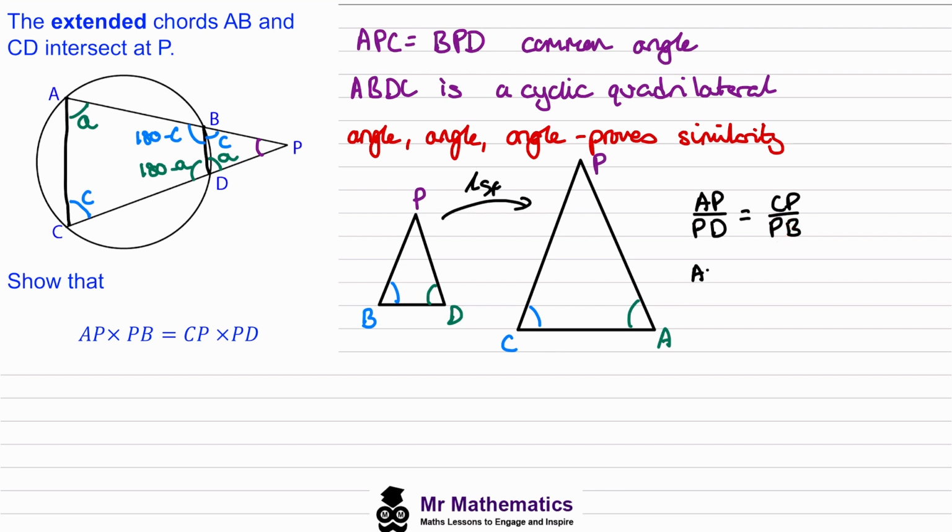So we get AP multiplied by PB will be equal to CP multiplied by PD. Okay?